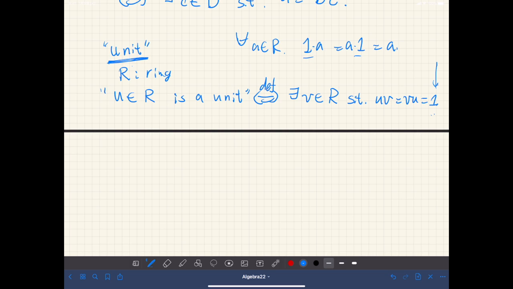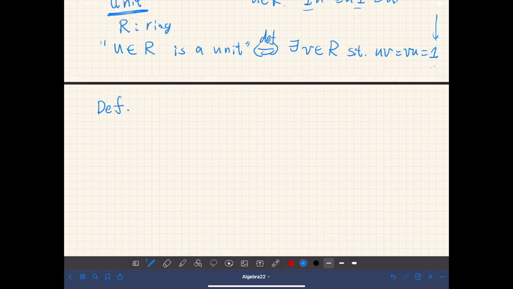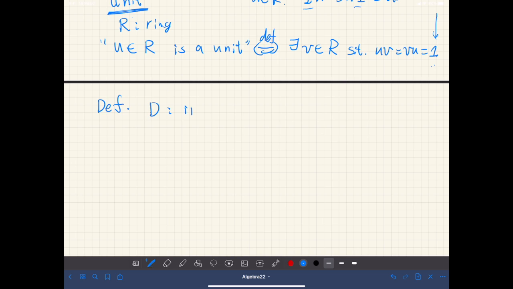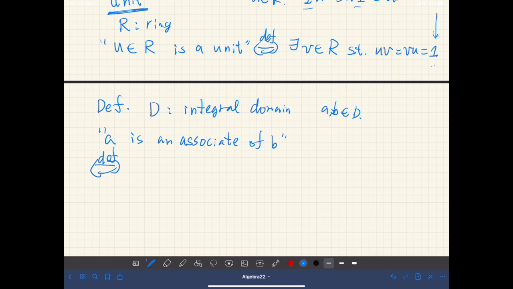Now, using this, we define the following notion. Suppose D is an integral domain, and A and B are elements of D. We say A is an associate of B if there exists a unit U in D such that A is equal to BU.